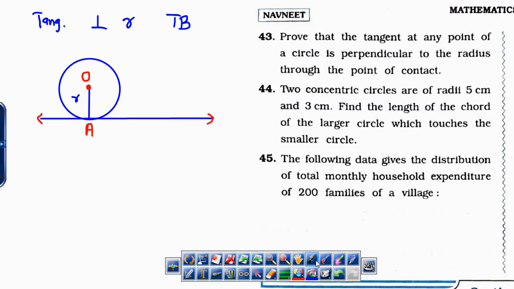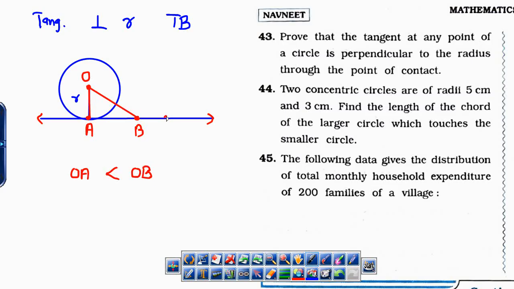What we do is, we say A is on the circle, and take another point B which is not on the circle. The on-the-circle distance is less than the outside-the-circle distance.